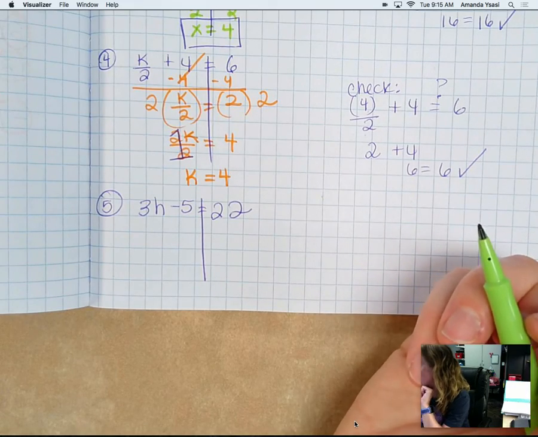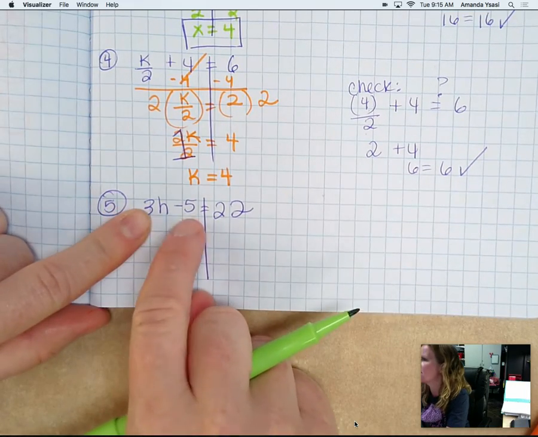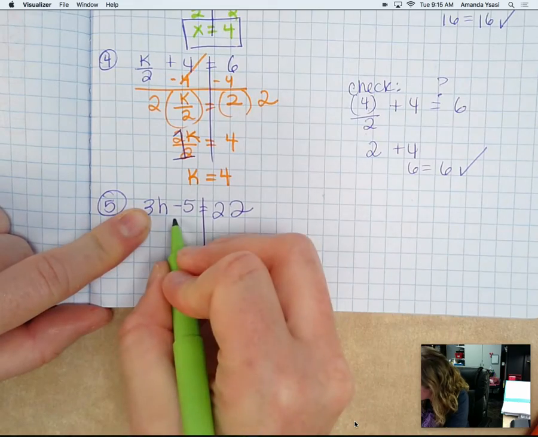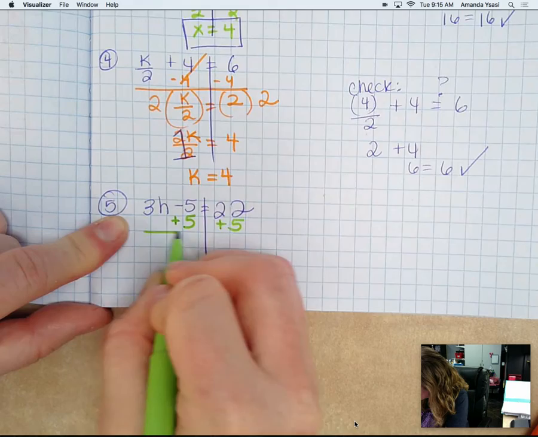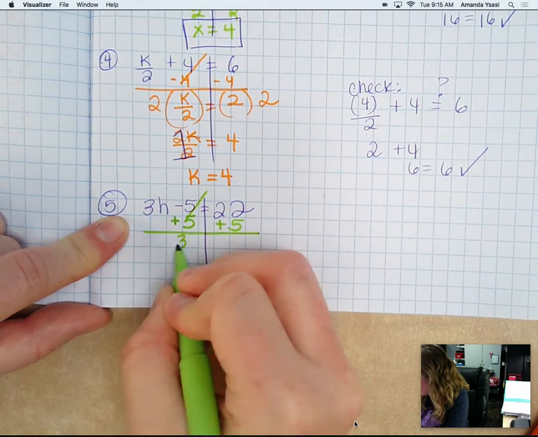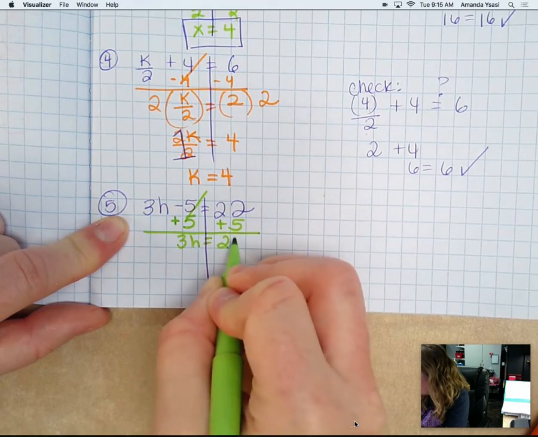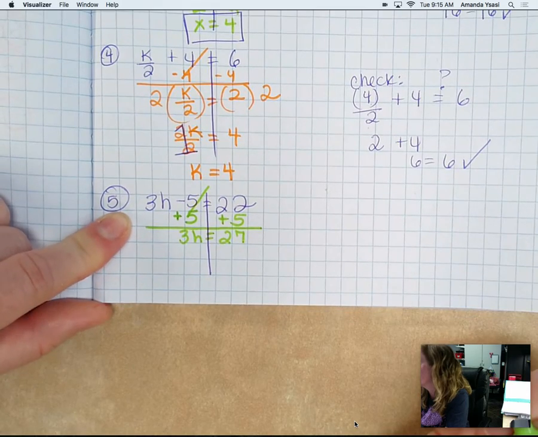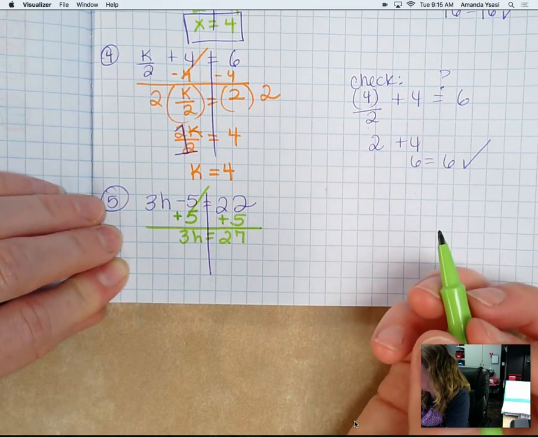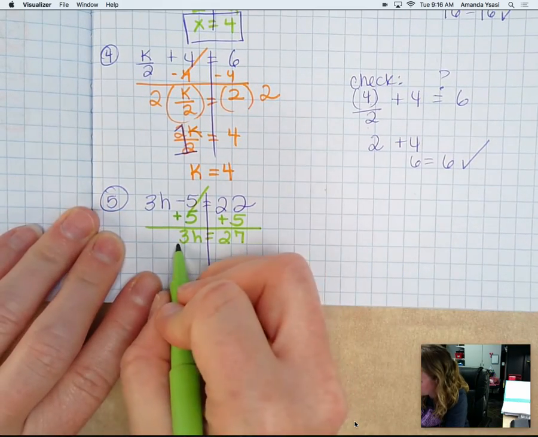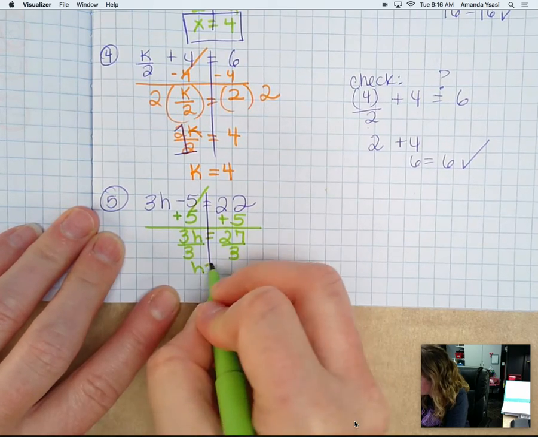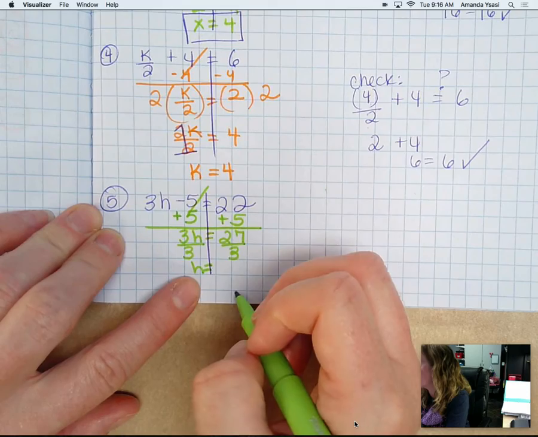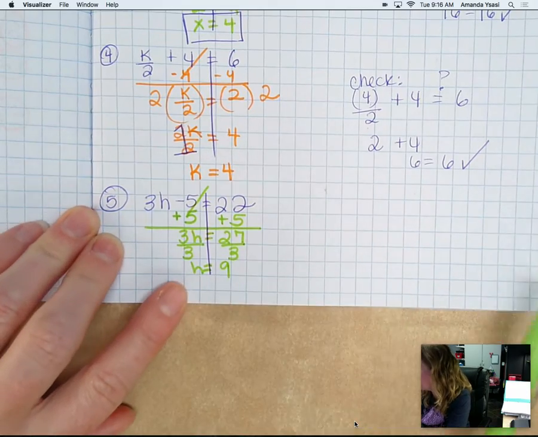On this one, I need to get rid of the minus 5. So what's the opposite of that? Plus 5. 3h equals 27. And then what do I do? Divide by 3. So h equals 27 divided by 3, which is 9.